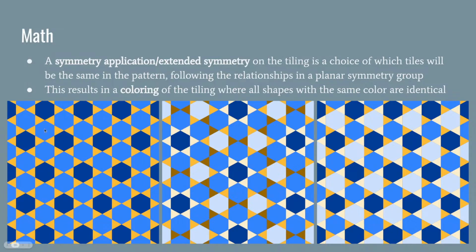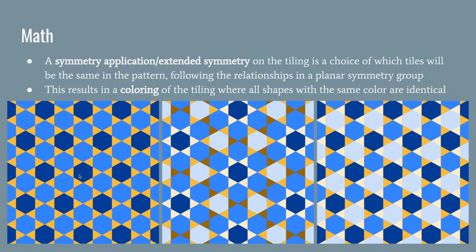So in this structure where we've got hexagons and triangles, we could say, oh, all the hexagons are the same. Or we could say, this hexagon is the same as that hexagon over there and this one over here. And by the time we specify two that are the same, our symmetry choices expand that everywhere.